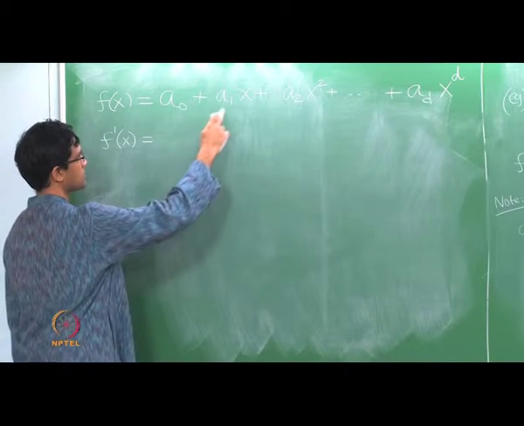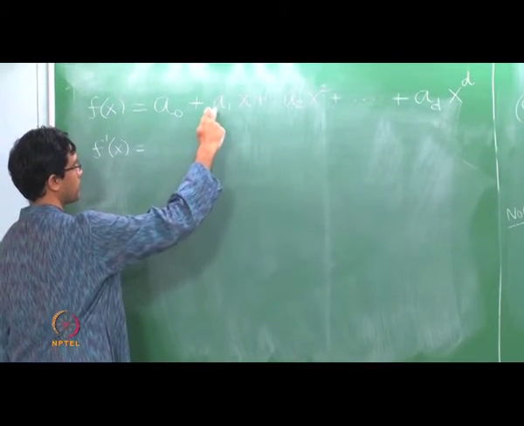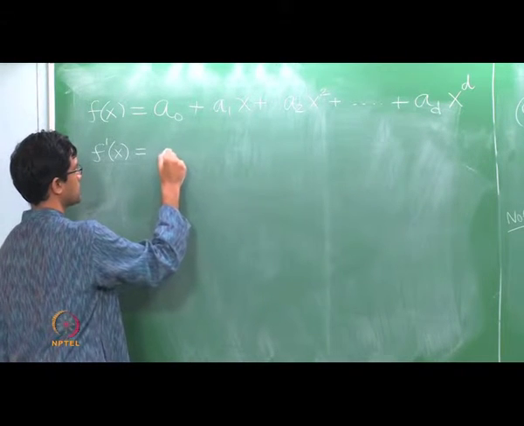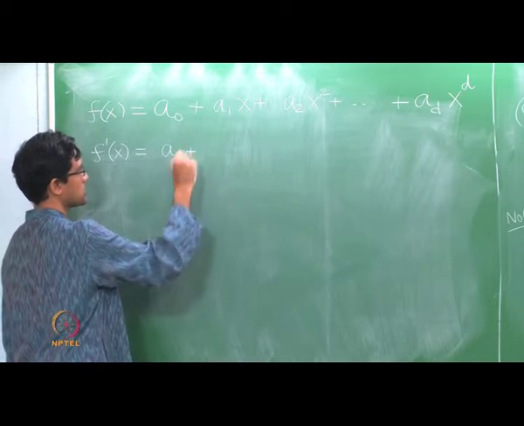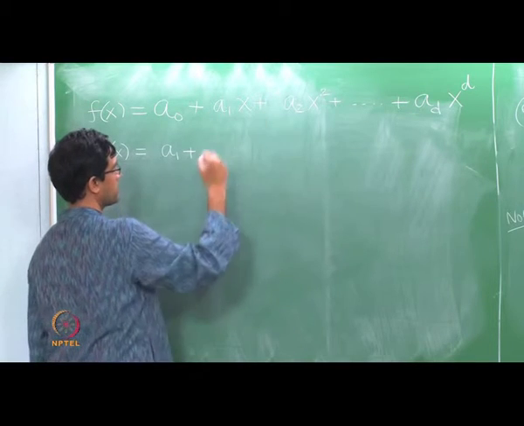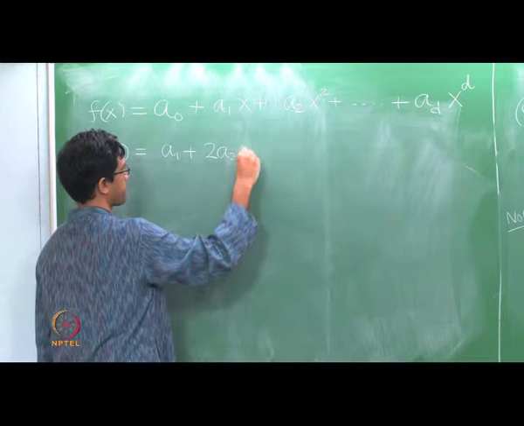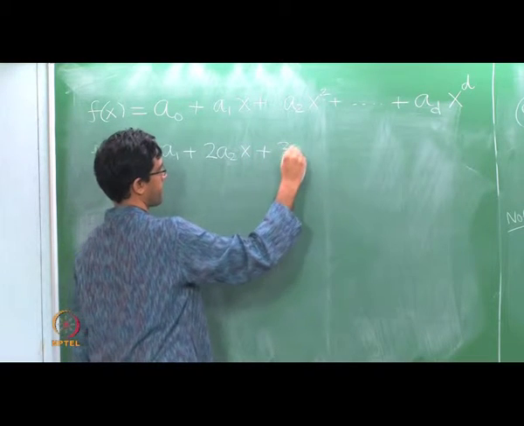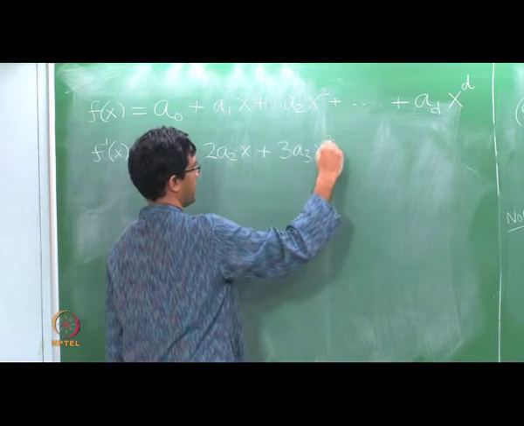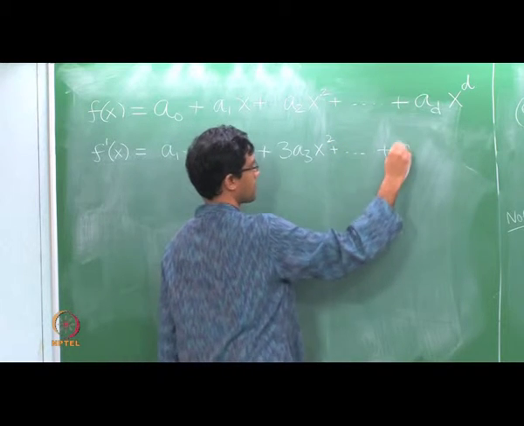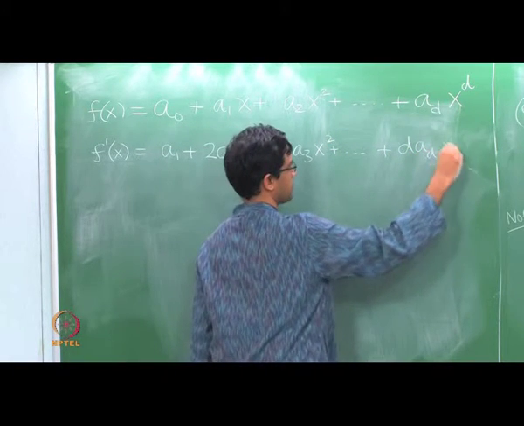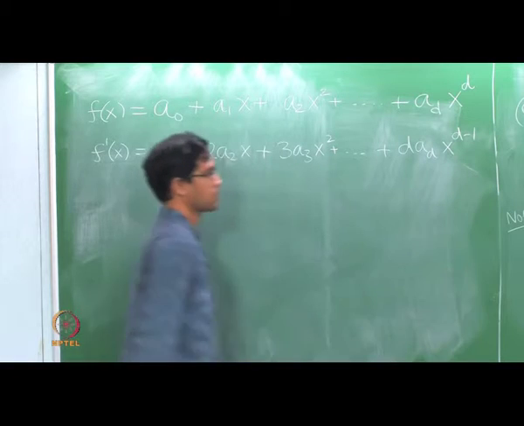So it's a polynomial which will start with, the constant term now becomes a1. So this is really a1 plus the derivative of a2 x square, which is 2 a2 x, and so on, up to d ad x to the d minus 1.